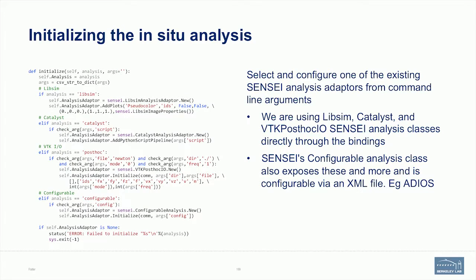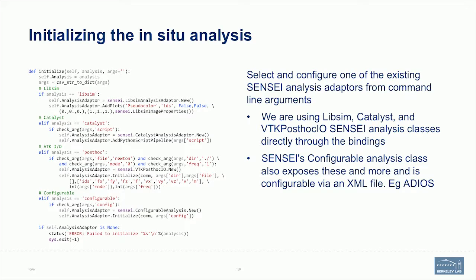So in our bridge initialize method, I'm taking a bunch of command line arguments here and the name of an analysis adapter. And so I'm just saying, OK, if the analysis adapter is named libsim, let's create one of those. So this if-else statement lets me test out the Python bindings for these various analysis adapters.